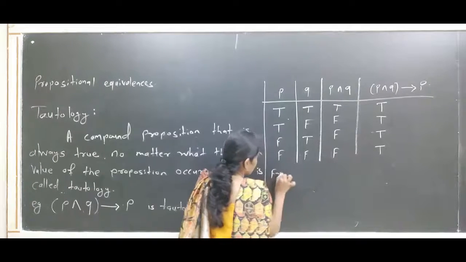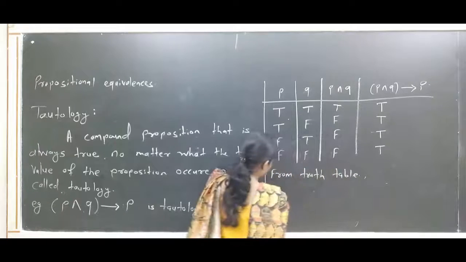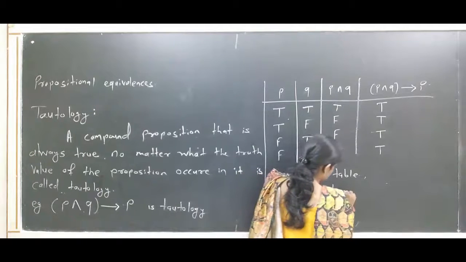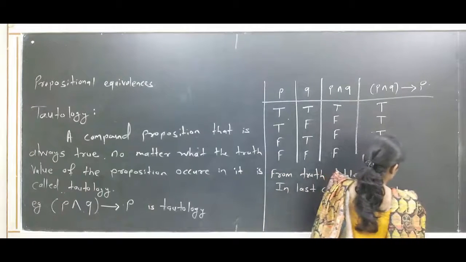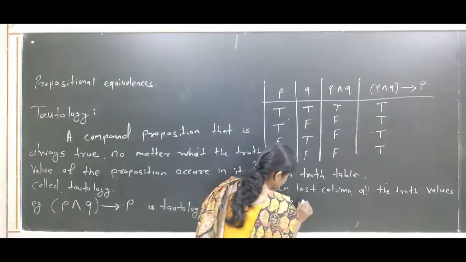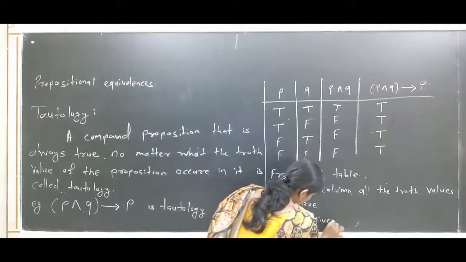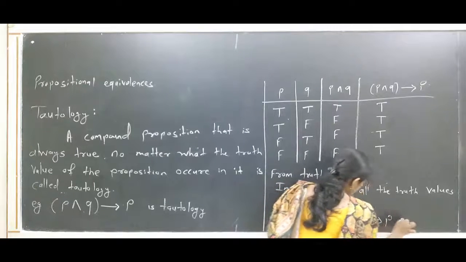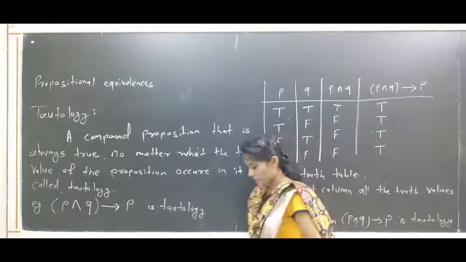Therefore, from the truth table, in the last column all the truth values are true, hence the given P and Q implies P is a tautology.